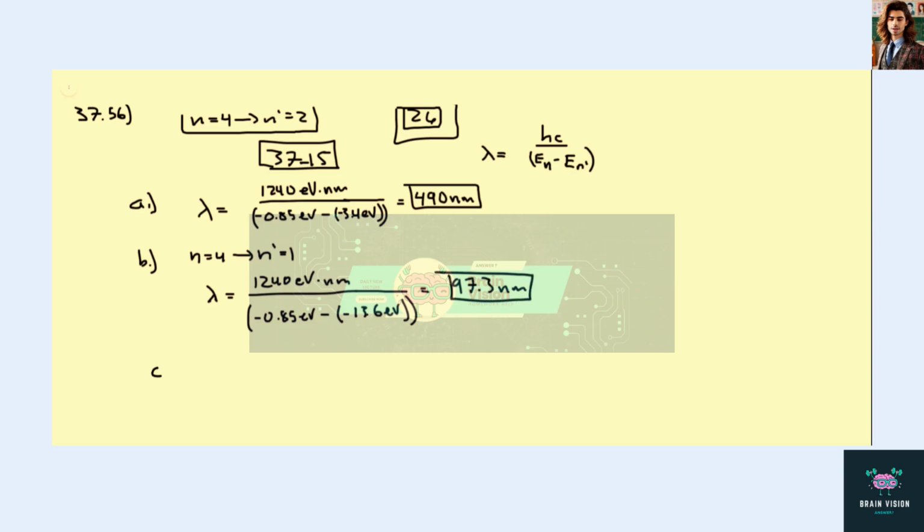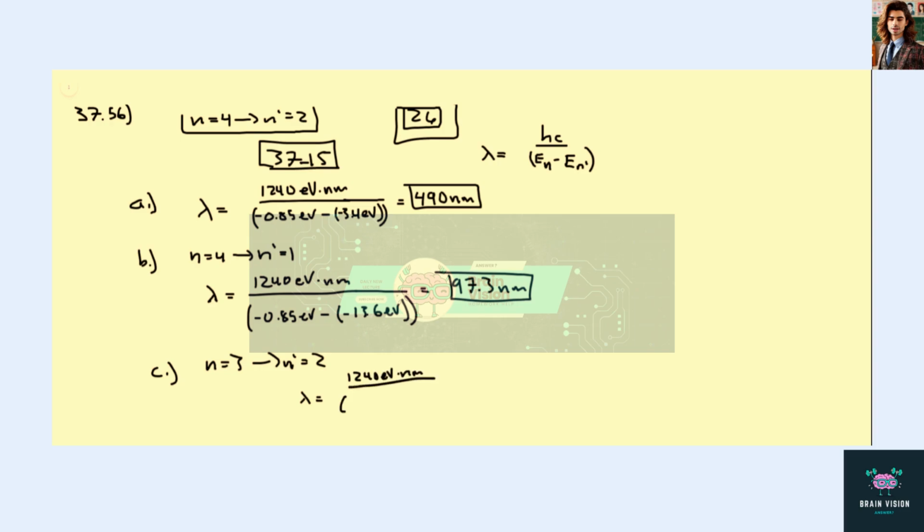Cool. Let's do part C now. This is wanting us to do the first Balmer line. The first Balmer line is the transition from n equals 3 to n equals 2, so n equals 3 to an n prime of 2.